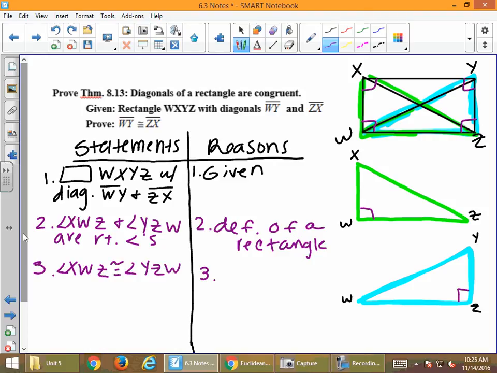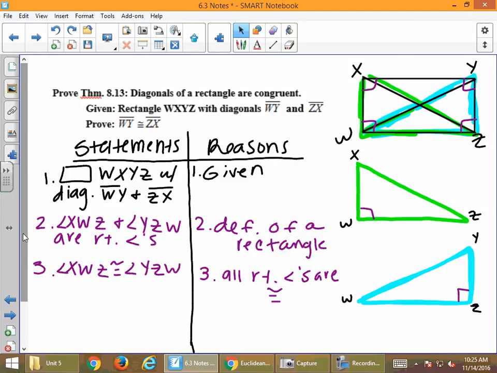And we've had this before. If you make a statement of two angles are right angles, your very next reason is going to be all right angles are congruent.